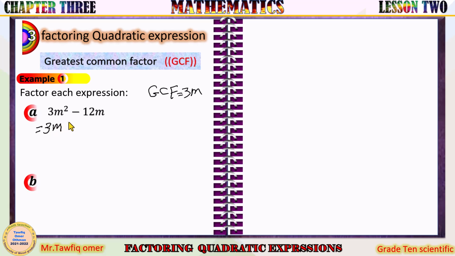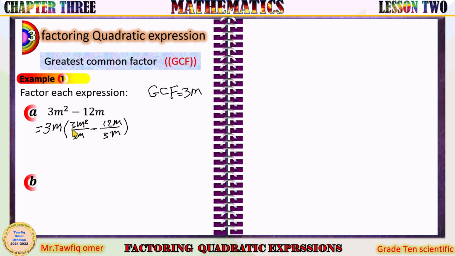After that, open the bracket. After that, divide each term by the greatest common factor, which is 3m squared over 3m minus 12m over 3m.